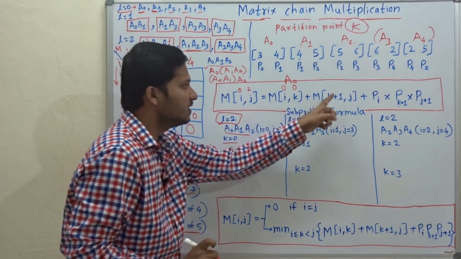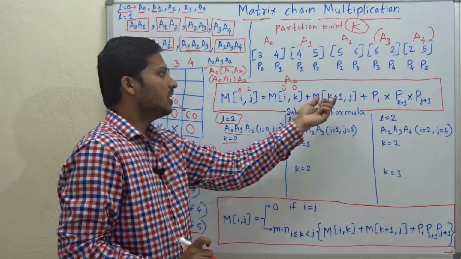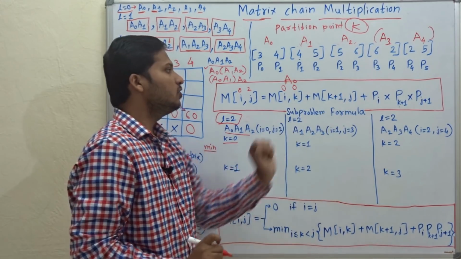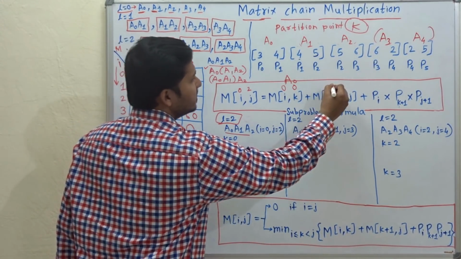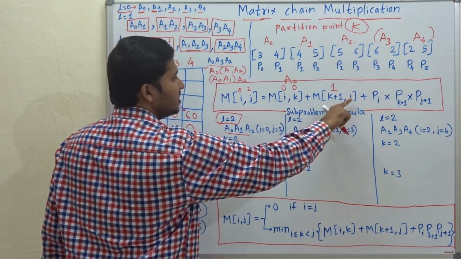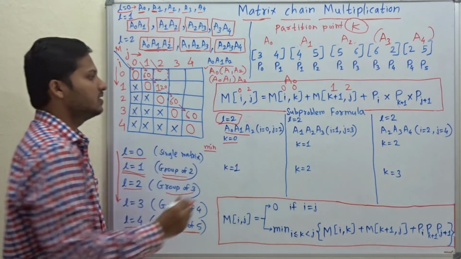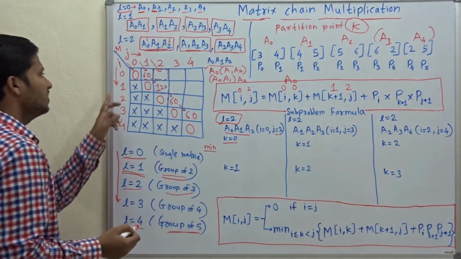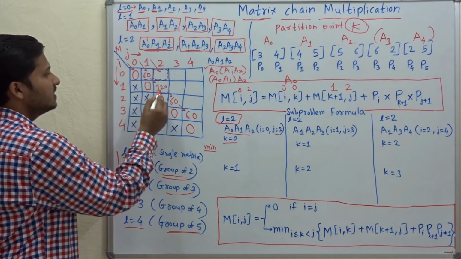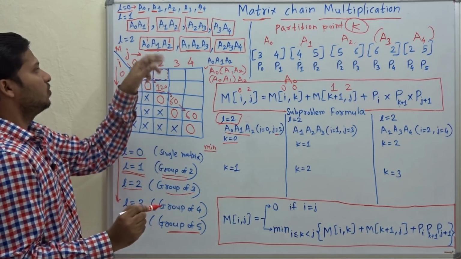Plus, this is the cost for A0 plus M of k plus 1 to j. As k is 0, 0 plus 1 is 1 and j is 2. So M of 1, 2 means this cell, which tells us the cost for A1, A2.